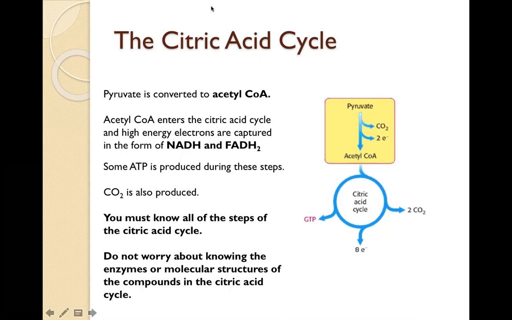So I'm just going to share a different screen for a moment. And so the citric acid cycle takes place in the mitochondria. So here's your cell. We'll call that a cell. And within your cell, there's the organelle, the mitochondria. So the mitochondria kind of look like this shape. They're a double membrane shape.